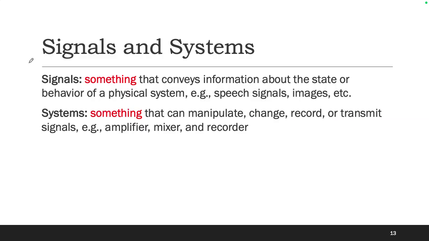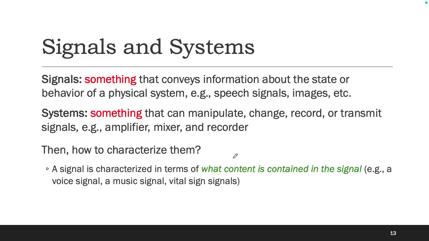Yeah, okay. And then how to characterize them? Do you have any ideas? Yeah, let me tell you. A signal is characterized by what content is contained in the signal.